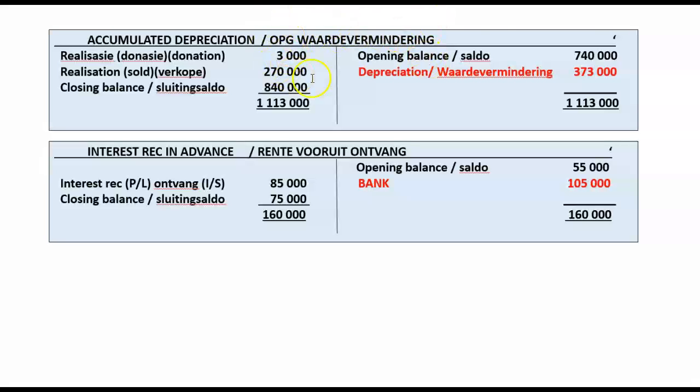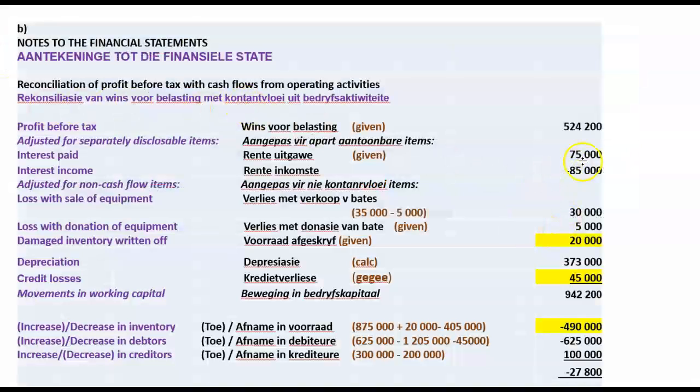Now that means if we balance off this account, then on the credit side, you would have arrived at your depreciation charge for the year. Short and sweet, without any long calculations, 373,000, and you could have dumped it here as a non-cash flow item, depreciation, 373,000, which you have to add back.